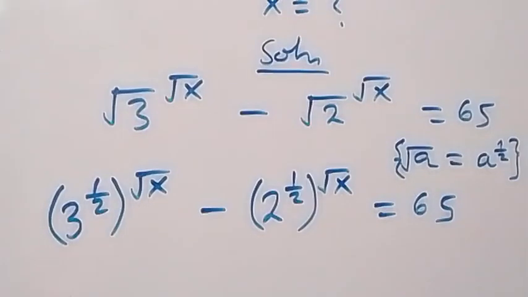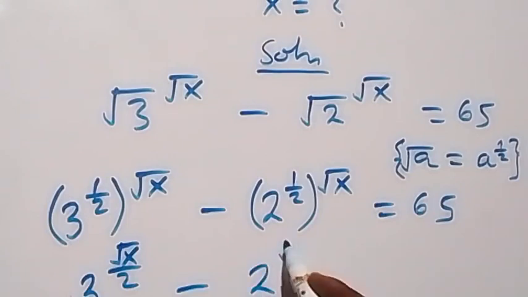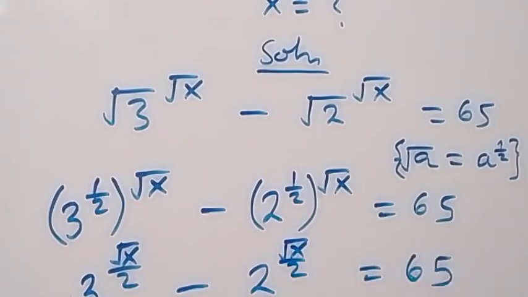Then this power will multiply and this becomes 3 raised to power root x over 2, then minus also 2 raised to power root x over 2, then equals to 65.